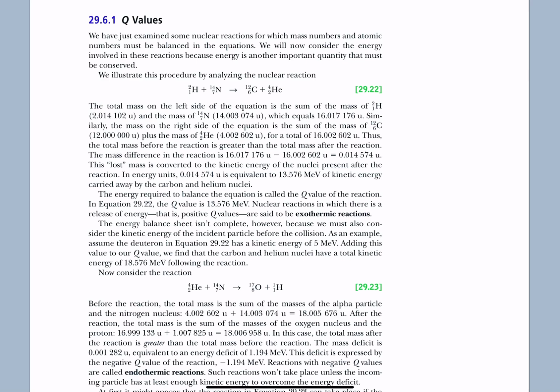The big difference from chemistry is that in chemistry, an exothermic reaction, one that released energy to the surroundings, had a negative value of Q. In nuclear physics, when energy is produced, we give it a positive Q value, because the mass that you start with is more than the mass you end with. And so your nuclear mass defect is a positive value.